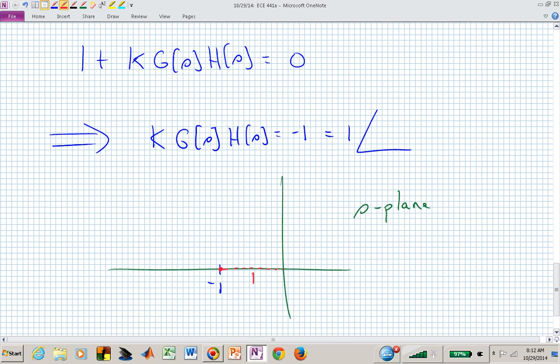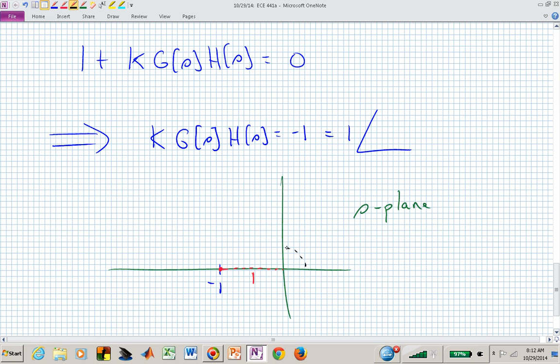I pull out my string, and that string is now 1 unit long. I can take that string, tie one end to the origin, and the other end ends up at -1. But if I'm referencing that point to the positive real axis, what's the angle of that line segment? I heard two answers. They're both right. It could be 180.